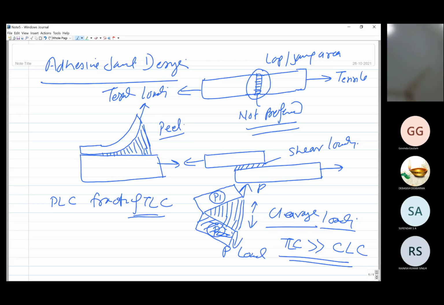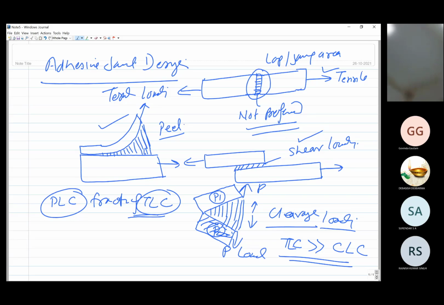So that is why, since the cleavage load carrying capacity as well as the peel load carrying capacity are very small as compared to the shear load carrying capacity and the tensile load carrying capacity, efforts are always made that the joint experiences the tensile and shear load only, and the cleavage and the peel loading is avoided.